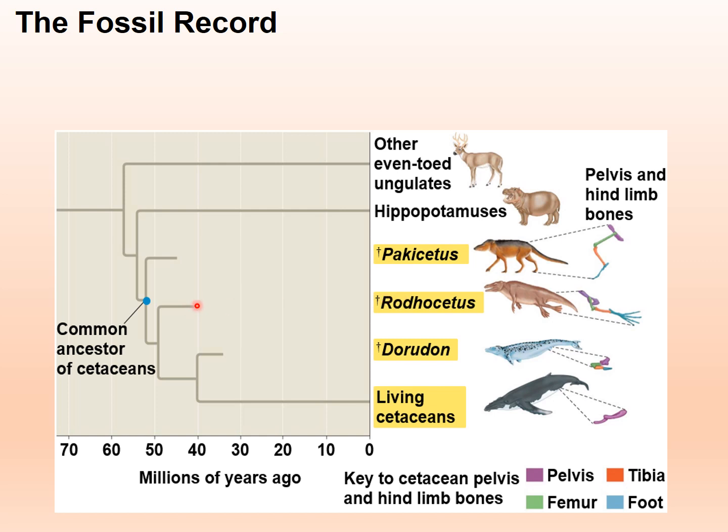Same thing with this one, about 40 million years ago, this organism became extinct. And about 35 million years ago, this one. But we have evidence of these in the fossil record. If we did not have evidence of these in the fossil record, we would not know the relationship between living cetaceans and the ungulates.